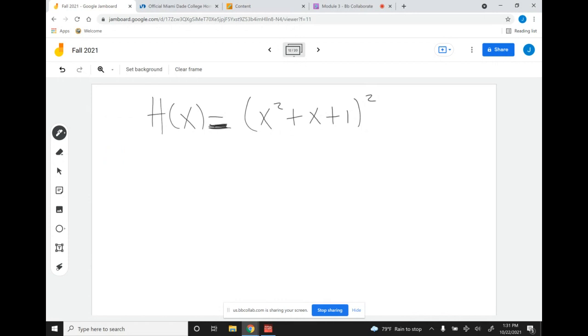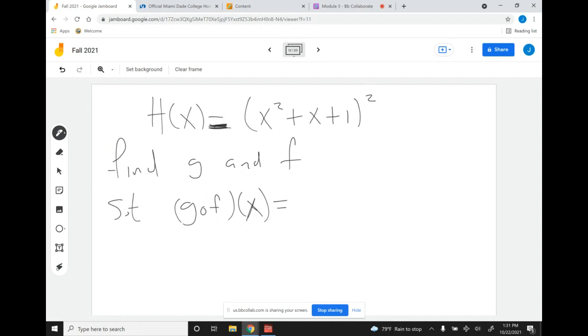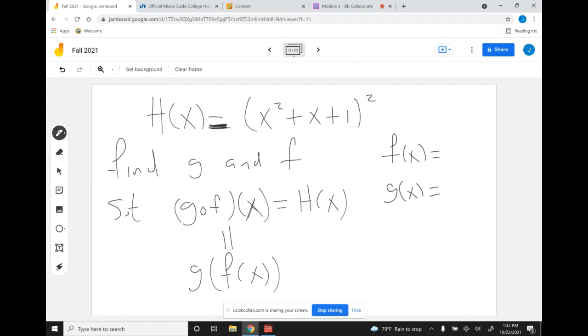So now find g and f such that when you do the composition, and this is critical, all of this is provided, that order is provided to you, such that this happens. Okay. Well, I know that this is equal to what? g of f of x. So that means that my inner function, once again, is f of x, and my outer is g of x.